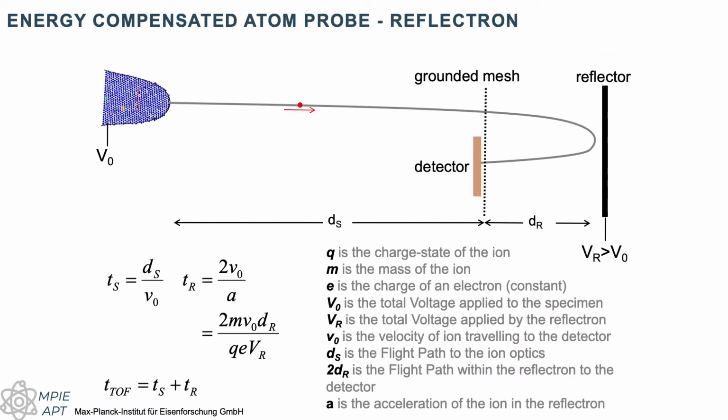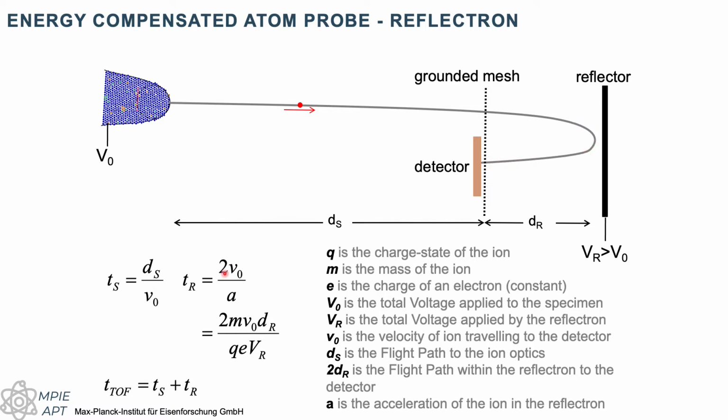How can we do this? A way to increase the mass resolution is to use a so-called reflectron. A reflectron is basically an electrostatic mirror. The ions will fly and enter a region where there is an electric field of opposite direction and of magnitude slightly higher than the field that projected the ions away from the specimen, so that the ions will go inside this reflectron, be stopped and reaccelerated back.